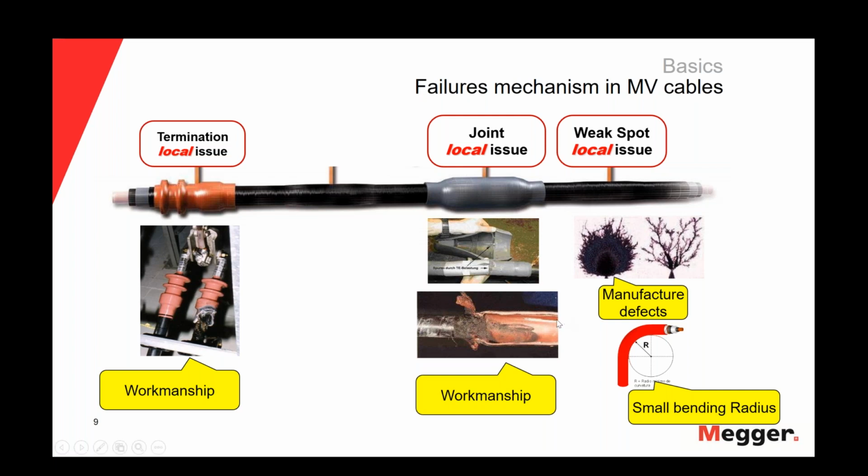operativity. Or if I have, for instance, a fault or a weak spot in the insulation of my cable, because maybe somebody bent the cable too much and I have a small bending radius, sometimes we inflict mechanical damage in the insulation.